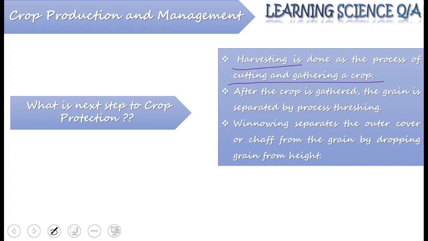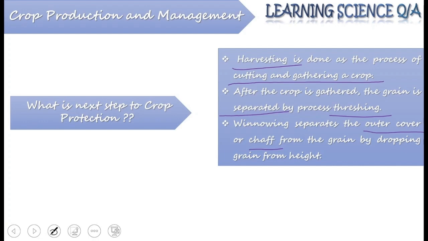After the crop is cut down and gathered, the grain is separated, and the process is known as threshing. The grain is separated from the outer covering or the chaff by dropping it from a height.